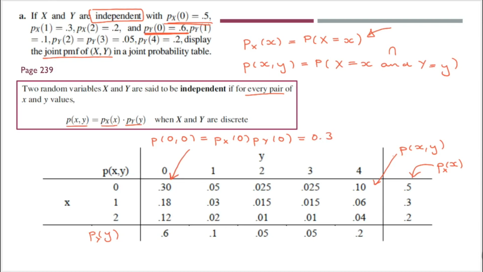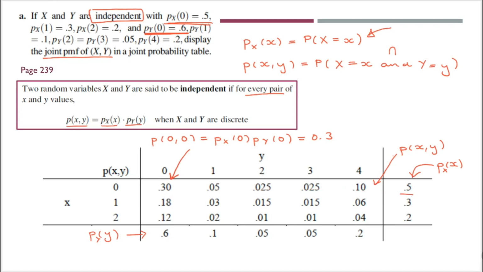So the easiest way to do it is with the table, like I said, having written p of y and p of x, then all you need to do is multiply all the values across and down. So for that value, you multiply the 0.6 times the 0.5, and you're going to do that for every single value.